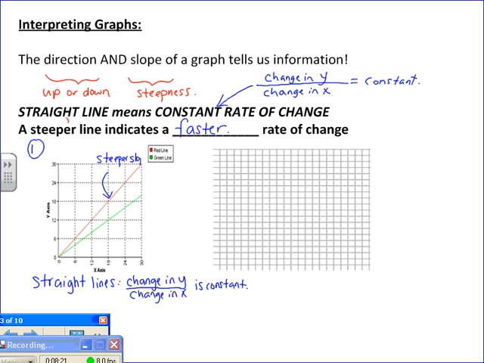And a steeper slope means a faster rate of change. So y is changing faster with x on my red line compared to my green line. So my green line is not as steep. So the rate of change is slower.